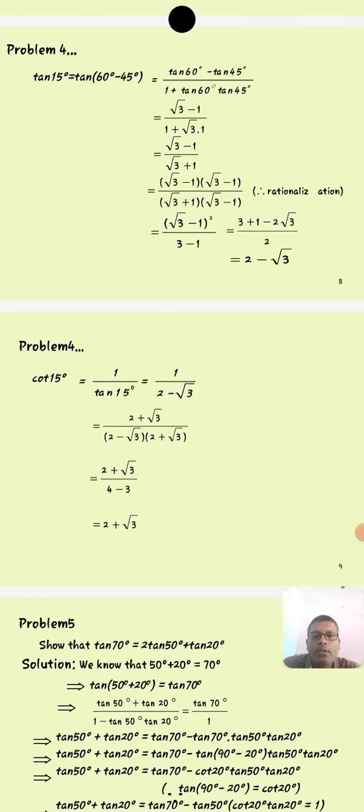Are you clear here? How many values do we have to find out here? That is sin 15 degrees, cos 15 degrees, tan 15 degrees and also cot 15 degrees. Using this concept we also have to find out sin 75, cos 75, tan 75, cot 75 values, the same concept. Okay.